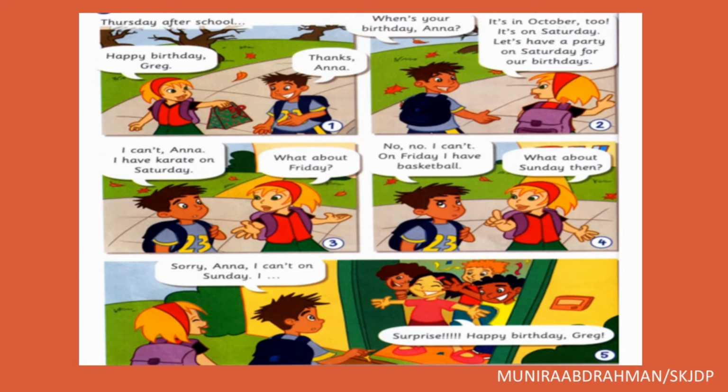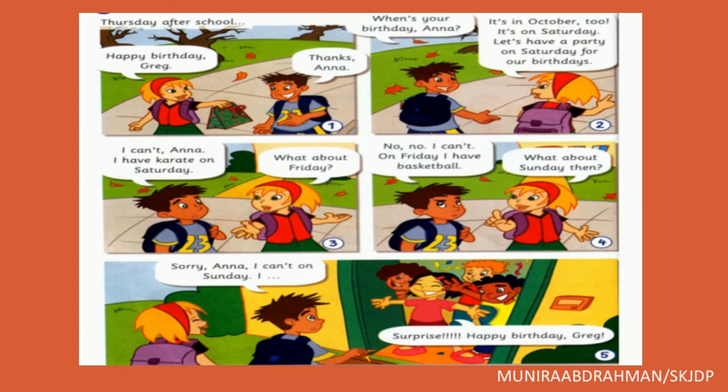Module 4. Smart Kids. Activity 1. Listen and read. Thursday after school. Happy birthday, Greg! Thanks, Anna. When's your birthday, Anna? It's in October too. It's on Saturday. Let's have a party on Saturday for our birthdays.